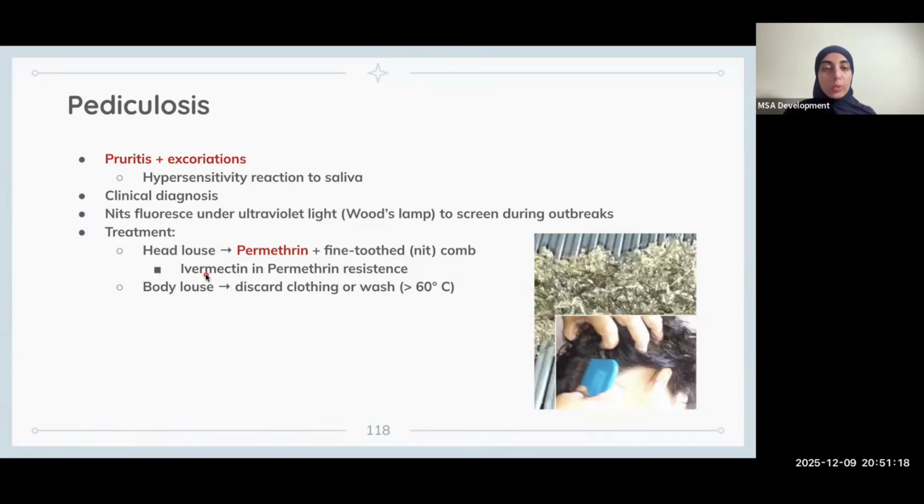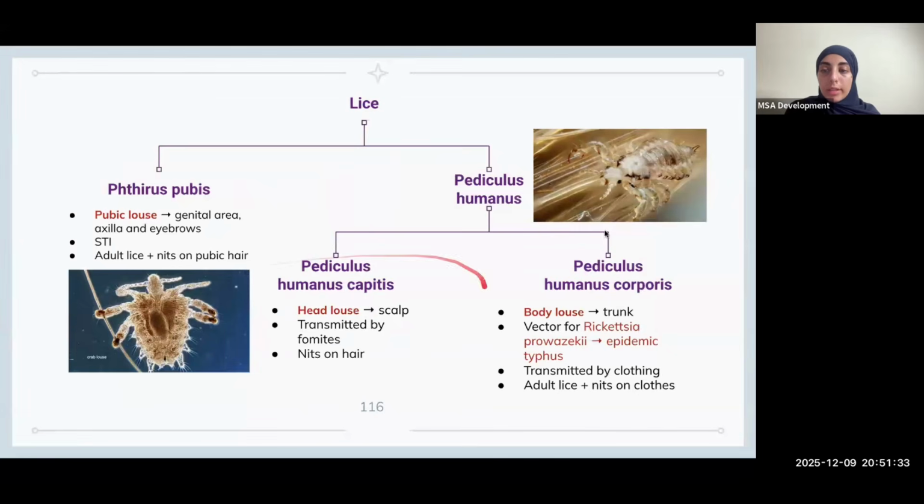For the body louse, which we find the eggs in the clothing, you need to discard the clothing, or you need to wash it above 60 degrees Celsius, okay? Now, an important thing, remember that we said that the body louse, the specific one, corporis, can be a vector for Rickettsia prowazekii, which causes epidemic typhus. So when you're treating someone with body louse, you need to make sure that they don't have epidemic typhus, okay?